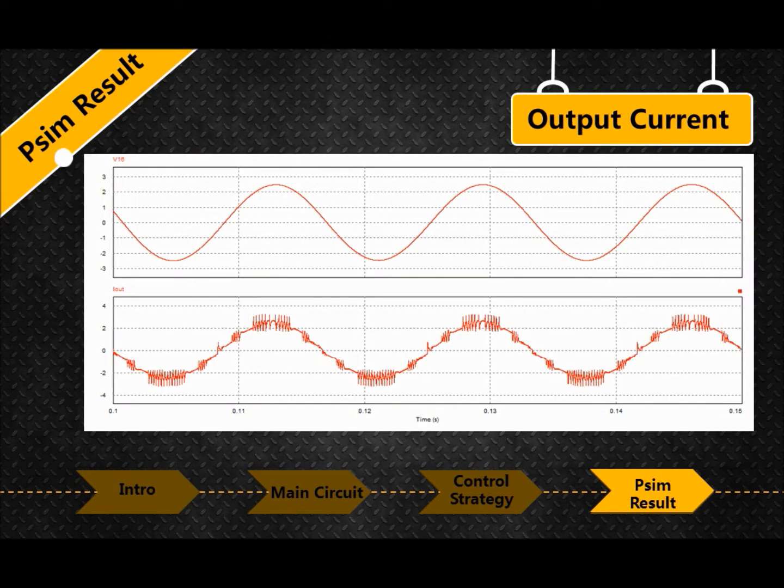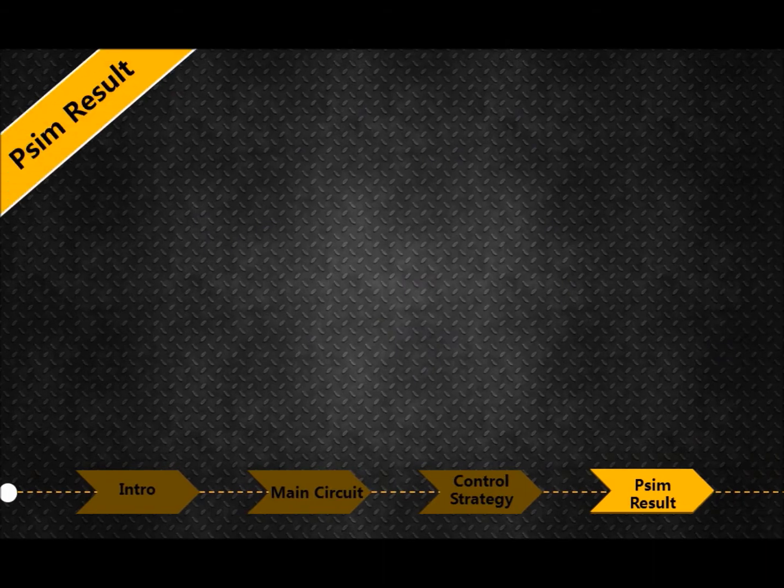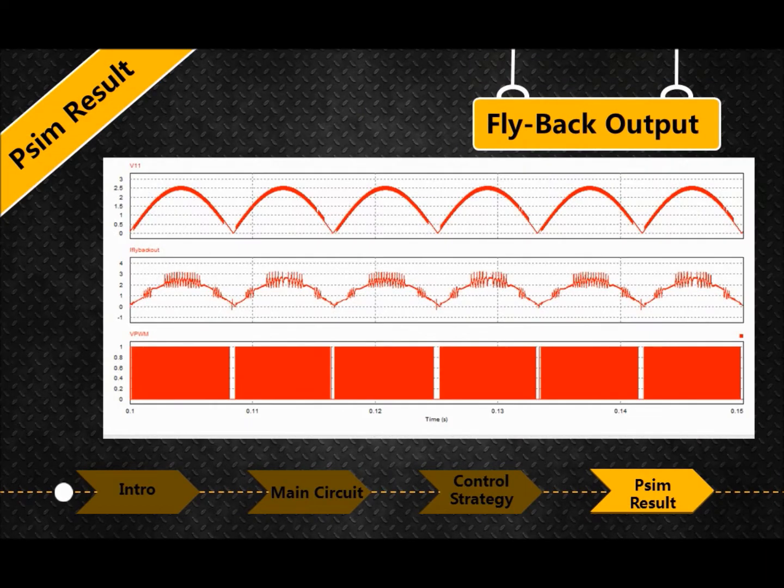This is a reference voltage that we are supposed to get as an output current, and this is what we got as a real output in PSIM. Also, this is an ideal flyback output, and this is a physical one.